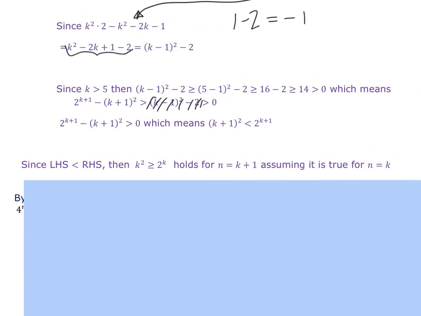And this is where we always put the same stuff in. Since this and this then holds true for that, assuming that. So the only places that you have to put in information is this and the inequality in this case. All right?